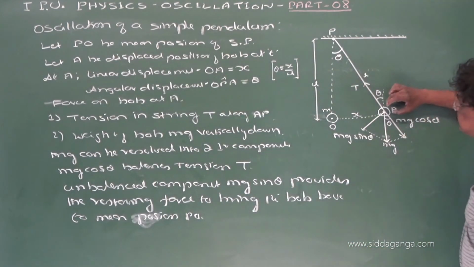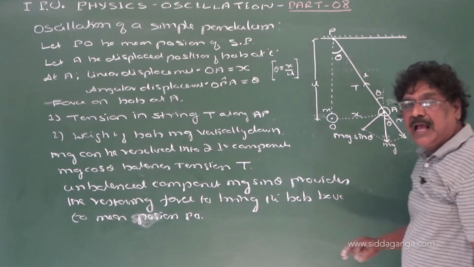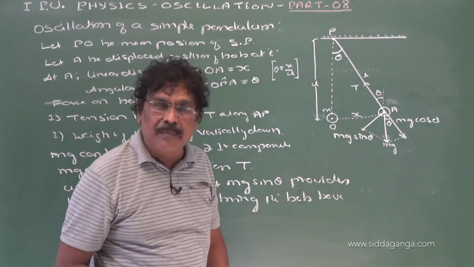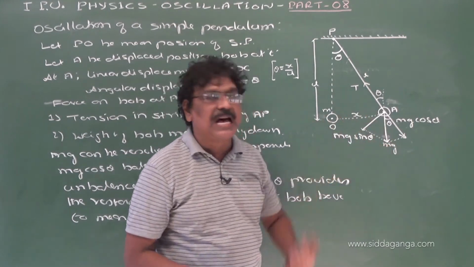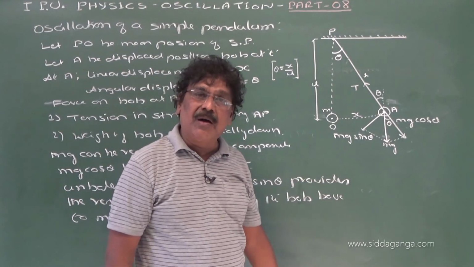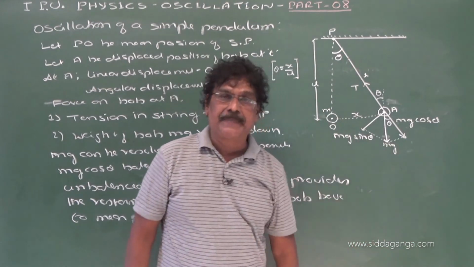As long as I hold the bob at this position, the bob is at rest under the action of three forces: tension, mg and my force. When I withdraw that force by leaving the bob, these two forces, tension and mg, are balanced. Therefore, the bob will not move either along OP or along PA.